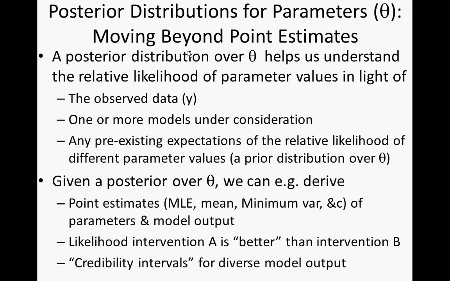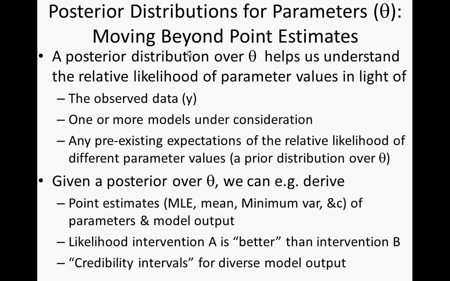Now, given such a posterior, there's all sorts of useful things we can do with it. For example, we can derive point estimates. For example, the maximum likelihood estimate, which would be if we're assuming a sort of uninformative prior.